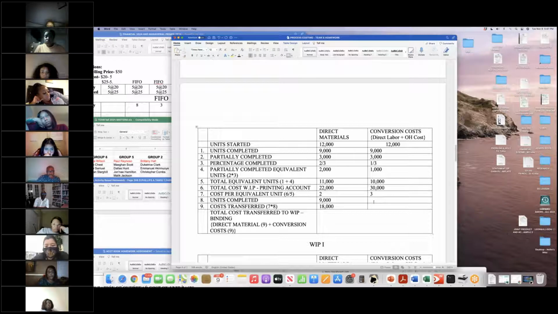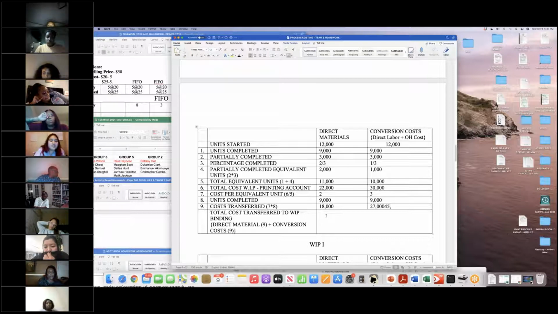So how much you transferring out? 9. How much is going to go here? 27,000. So what's the total cost we're going to transfer out? 45,000.